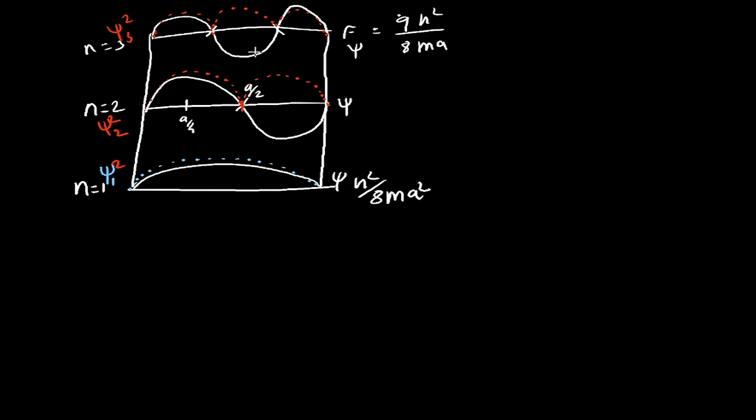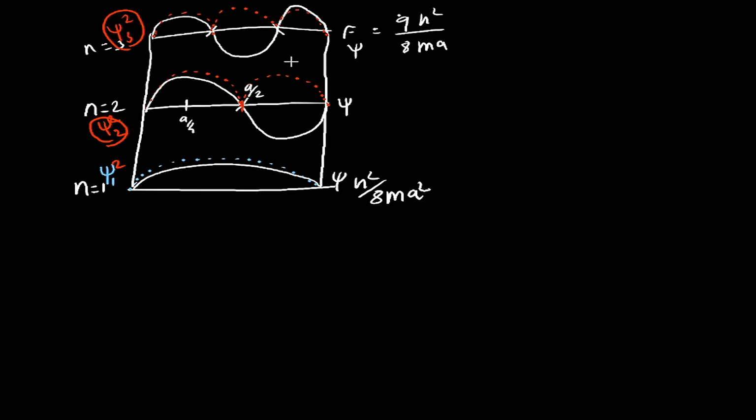In this way we will obtain the graph of the wave function and the probability of finding the particle at any particular point, because we know that psi square is the probability, and the value of probability is always positive, and hence it is coming on the same side.